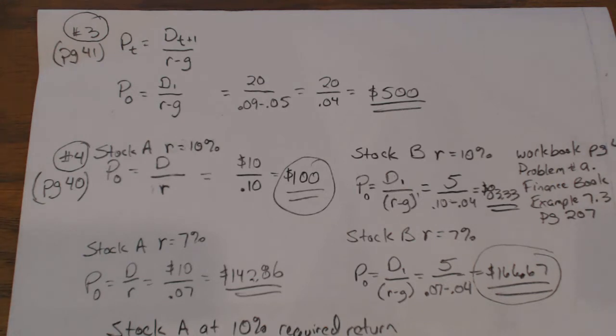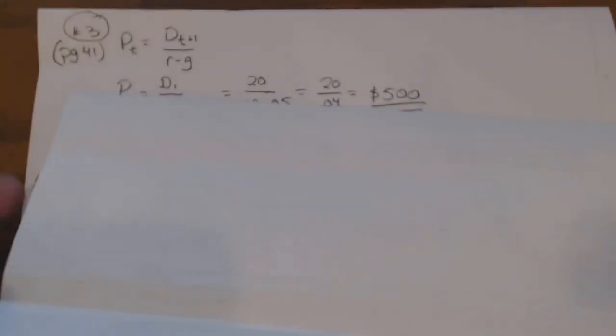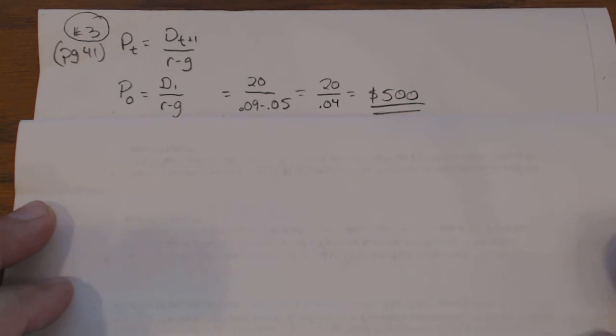you use the constant dividend growth formula. The constant dividend growth formula is PT, so P for whatever time frame, equals D(T+1) over R minus G. They gave you a couple of different things in this case: the dividend, the rate of growth, and the required return.